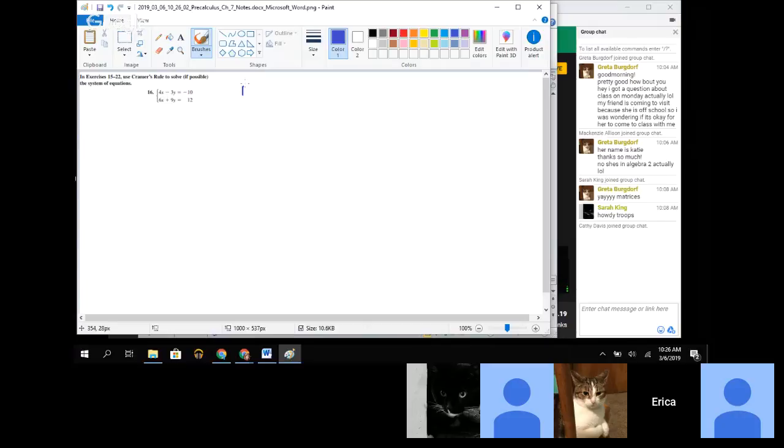First, we're going to make some matrix A that represents the coefficients in front of our x and our y. So I have 4, -3, 6, 9. I'm pulling the coefficients out in front of my variables and making a matrix. I'm going to then take the determinant of that matrix.